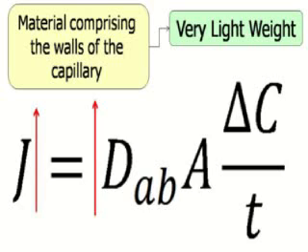If we continue and think about the material comprising the walls of the capillary, we find that Allah Almighty designed this material from a very low weight material. It's basically collagen and elastin, very light proteins. So this increases the mass diffusivity, the D parameter, which would increase the mass transfer to and from the mass exchanger.